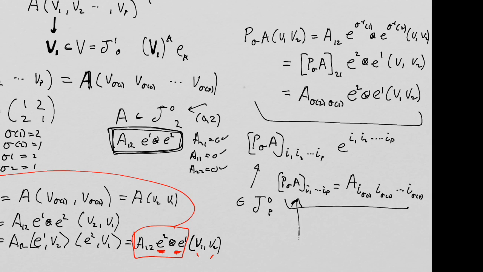If we can define the components, then this defines the actual tensor itself, or at least one representation of that tensor. So this is the logic for the sigma transpose of a tensor.